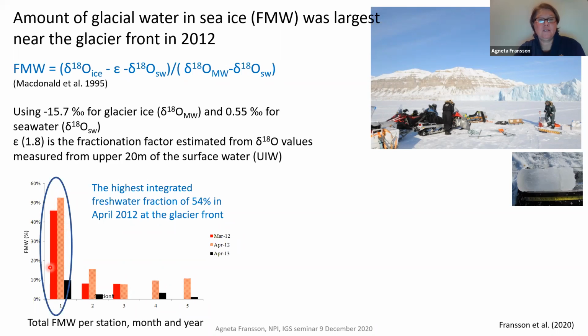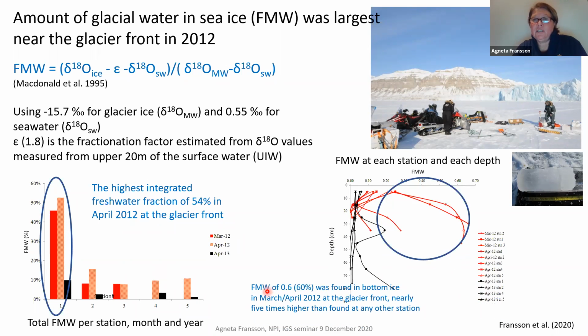Red is 2012, and the black is 2013, where we have much less meltwater. At each station and each depth, it also showed that 60% was found in bottom ice in March and April 2012 at the glacier front, and it was nearly 5 times higher than found at any other station, and also higher than 2013, which was these black lines here. We couldn't see a lot of fresh water.